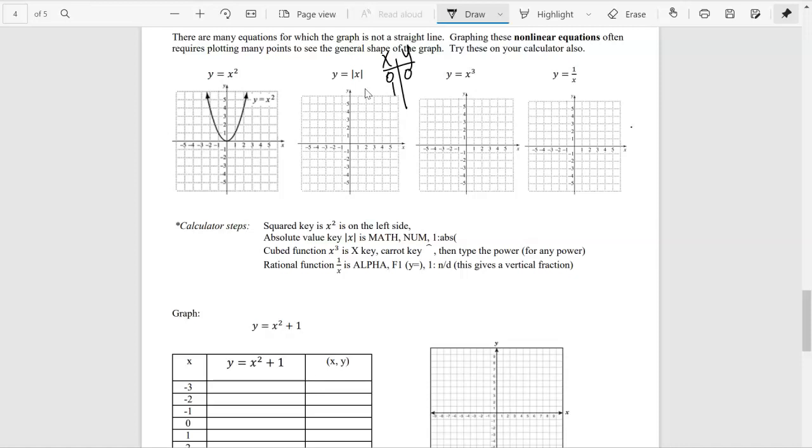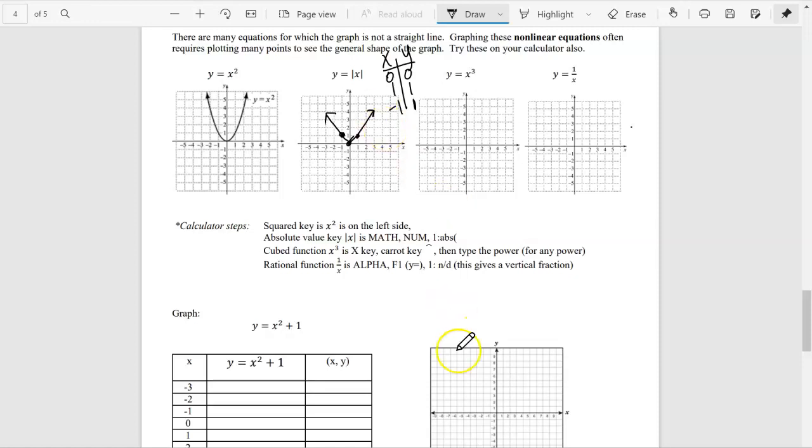If we plug in a 1, we're going to get back 1 because 1 is 1 away from 0. If we plug in -1, -1 is also 1 away from 0. So we would get a +1. So those points 0, 0, 1, 1, -1, 1, if we kept going with that, it kind of makes the shape of a V.